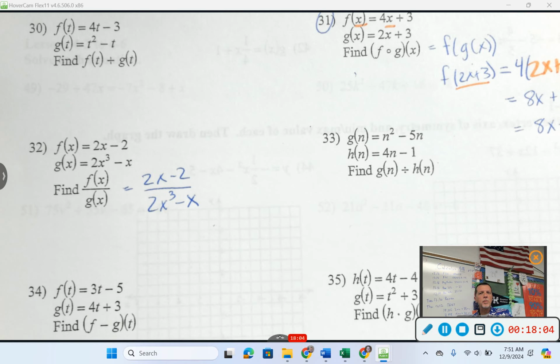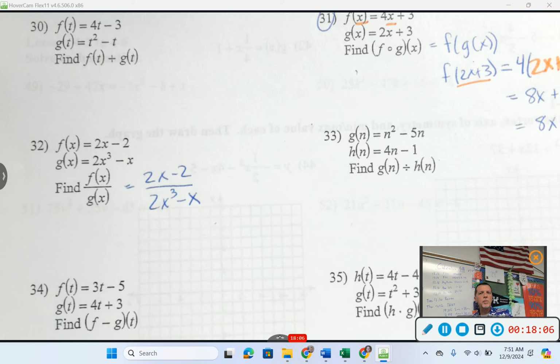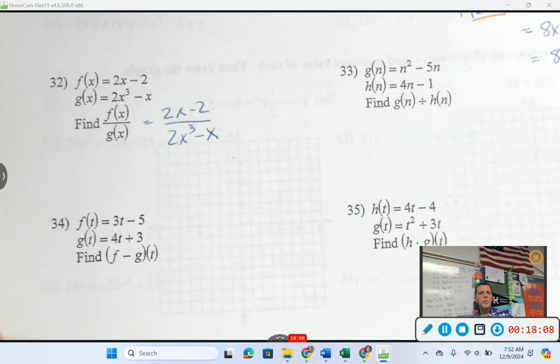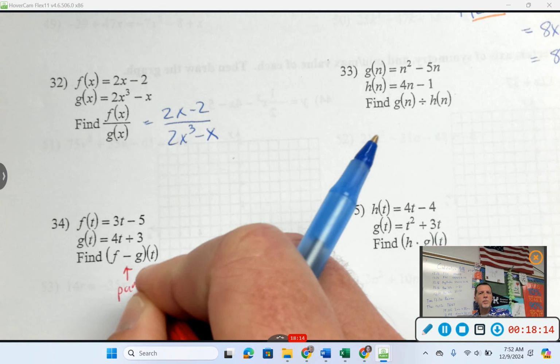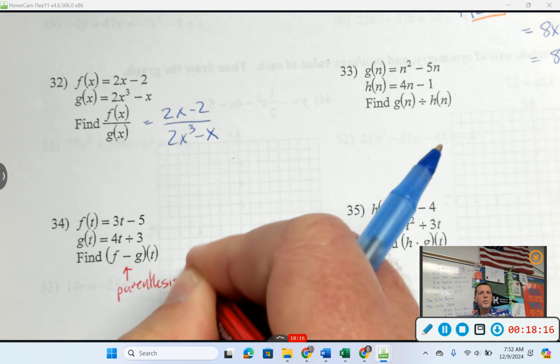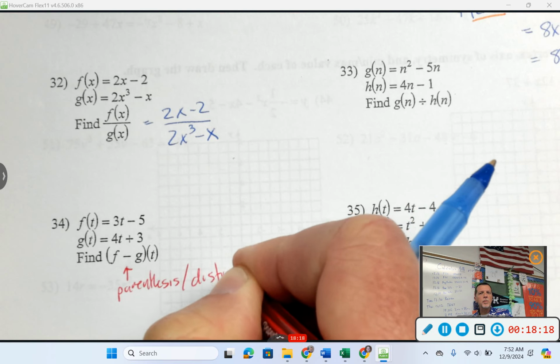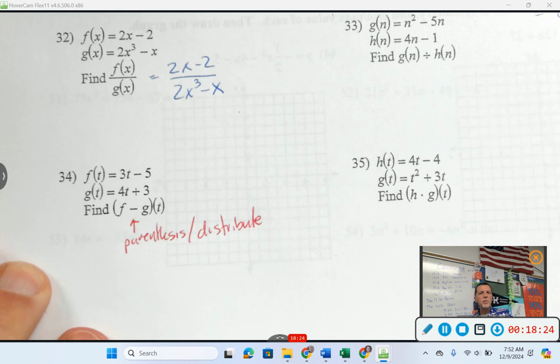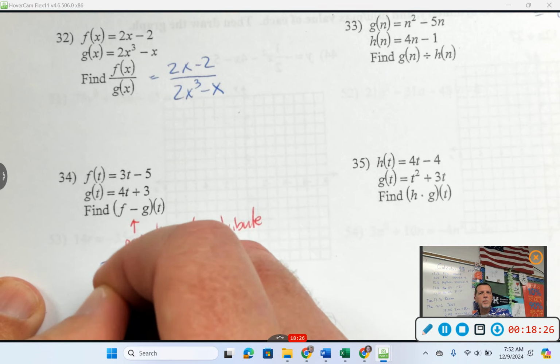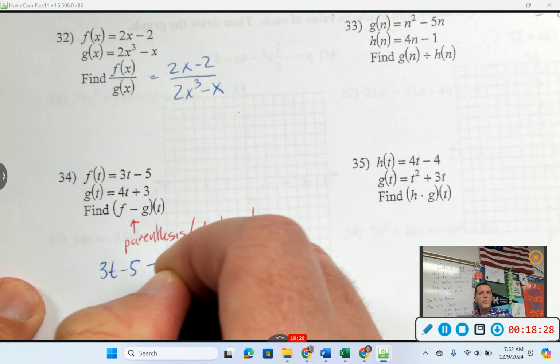We didn't do a subtraction like 28 or 34, but do you remember what the potential hang-up is? You would multiply the negative into it. Yeah, parentheses or distribute or however you want to phrase it. Make sure you're subtracting all of G. Don't just write it out. In fact, here's how to mess that problem up.